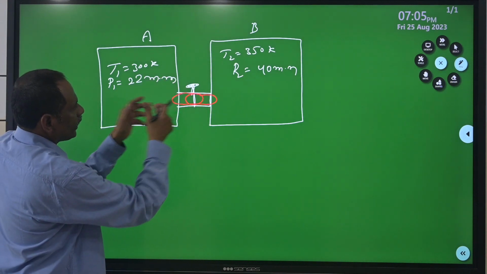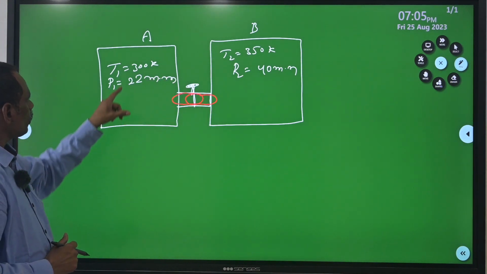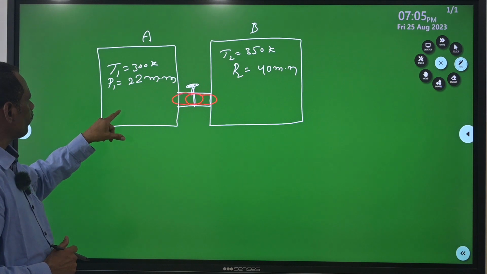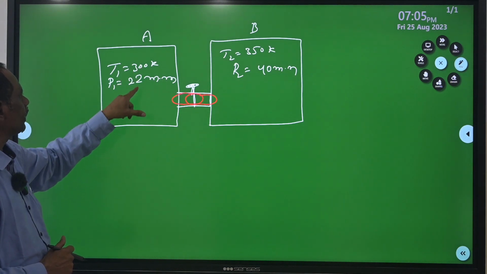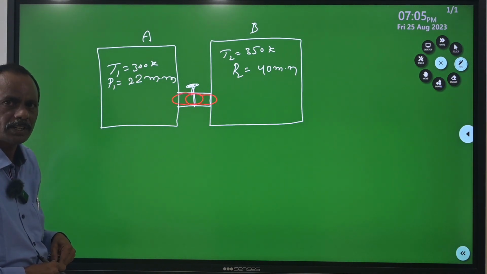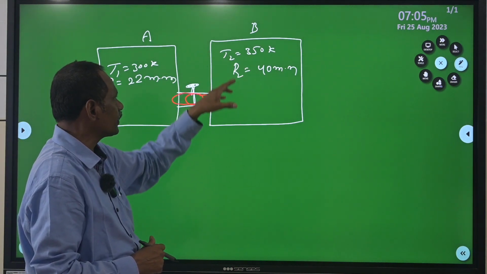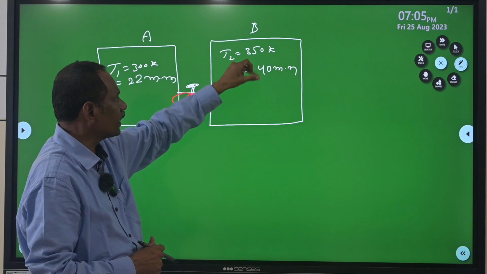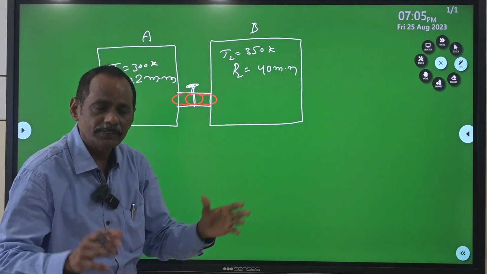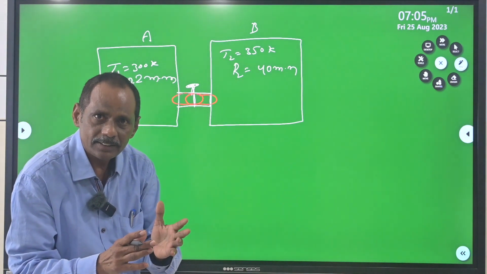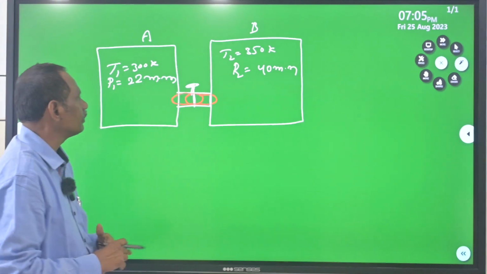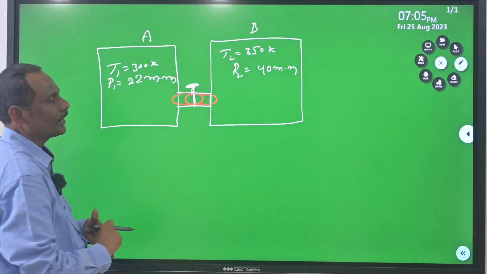These 2 are mixed together. So the first container contains water vapor at a temperature of 300 kelvins with a pressure of 22 millimeters. And the second container contains the same vapor at 40 millimeters pressure and 350 kelvins. If the two containers are connected by opening the valve, these 2 are mixed together.